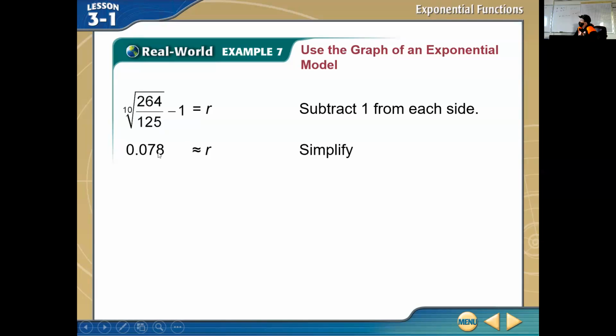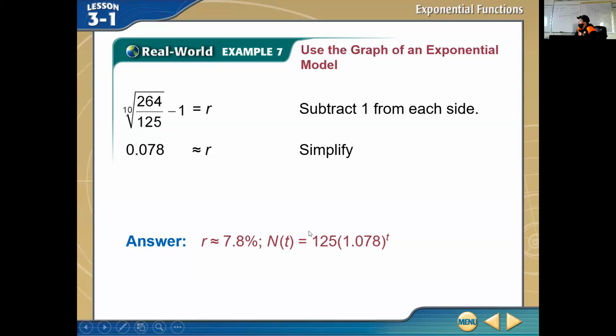Oh, they rounded to the third place. I went to 0.0776. If I were to round that, it could be 0.078. So three places will be enough to handle this. So our rate, as a percentage, is 7.8%, and in decimal form is 0.078.